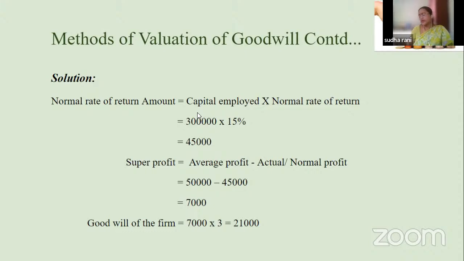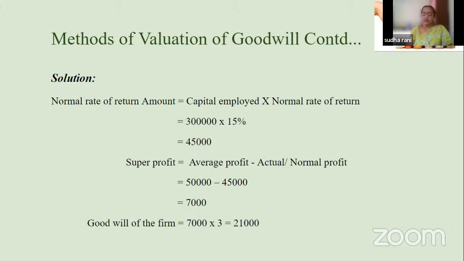It means that with experience, on an average, 15% of capital is the rate of return we get upon the capital. That is what they calculated. So take the capital employed into normal rate of return. Both will be given to you in the question. So what is that amount? 45,000.